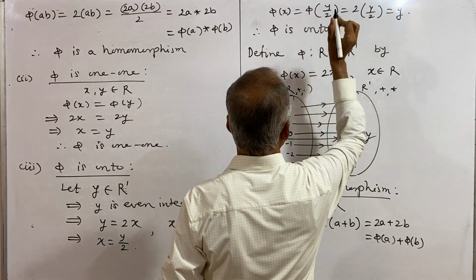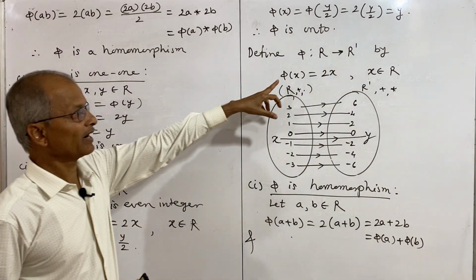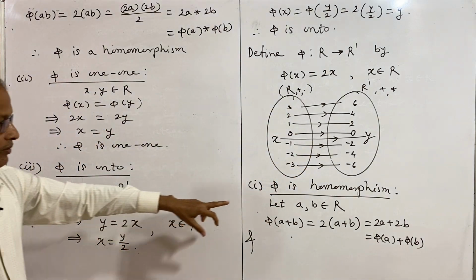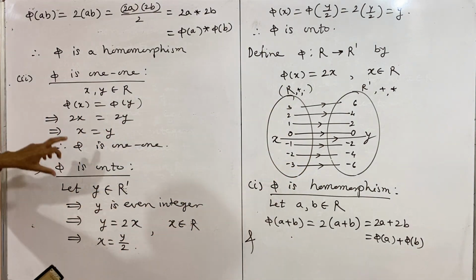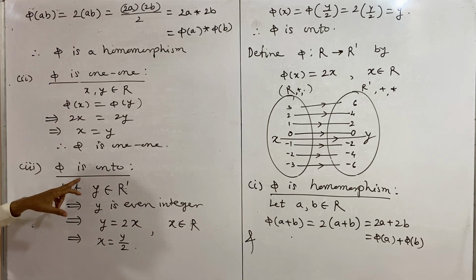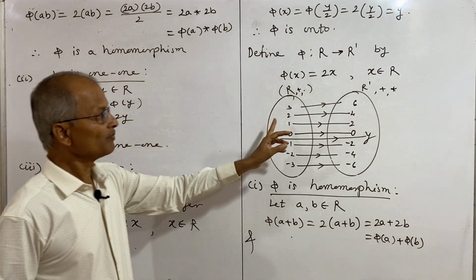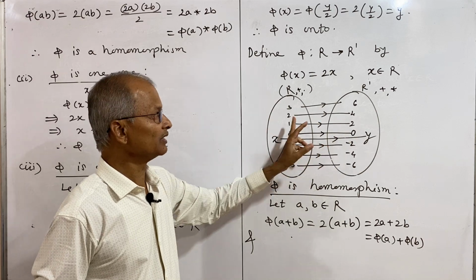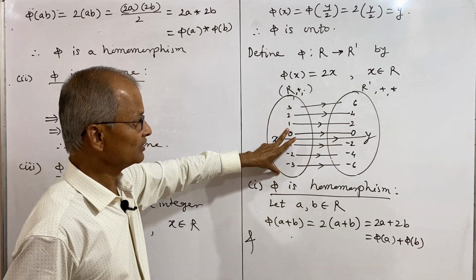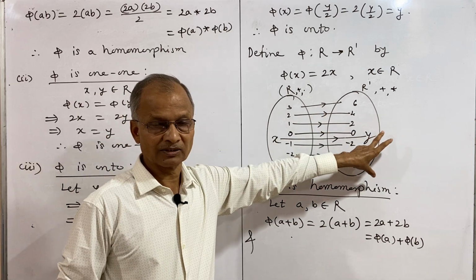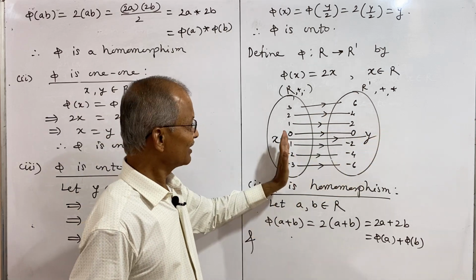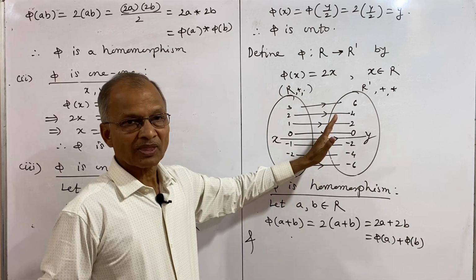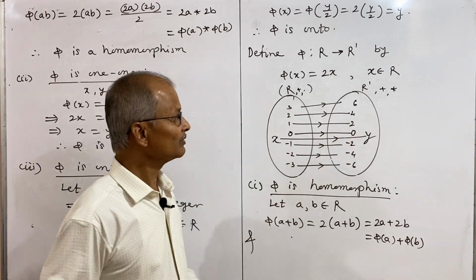and thus phi, a mapping defined like this, we have proved, is a homomorphism. Phi is a homomorphism. It is 1-1 and it is onto. Therefore phi is a 1-1 onto homomorphism, and thus phi becomes an isomorphism, and the two rings, the ring of integers and the ring of even integers, though they do not contain the same elements, are isomorphic to each other.